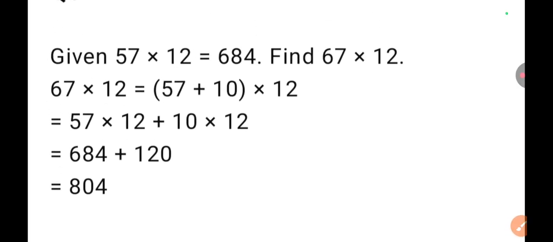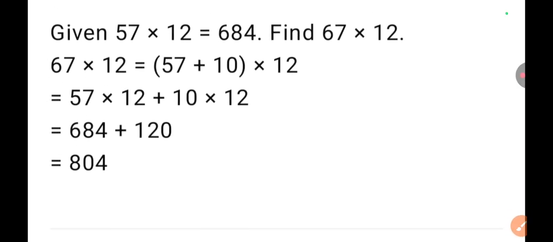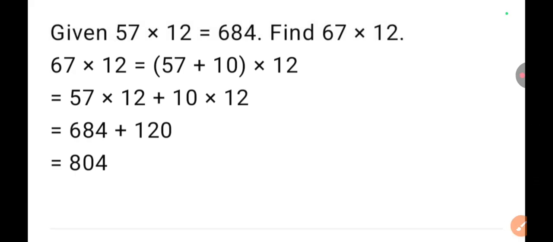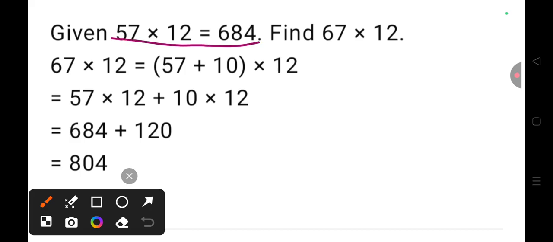Now one more example of the same type. 57 into 12 is given here as 684, right? You need to find out 67 into 12 using this. So how to solve this?